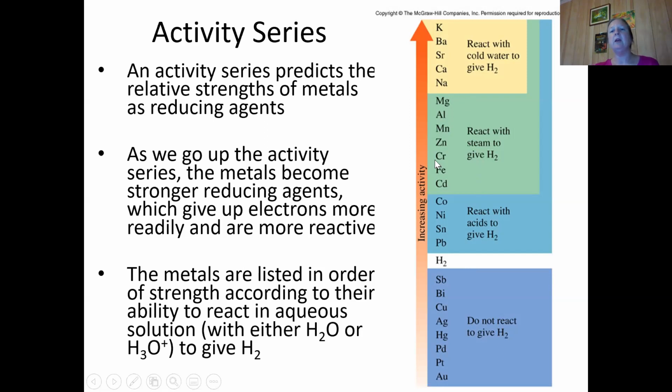So if you're asked to give something in order, you get A, B, and C, and you're told that A reacted with cold water and B reacted with acid and C reacted with hot water or steam, put them in order of activity. And you put the one that reacted with cold water stronger than the one with steam, than the one with acid.